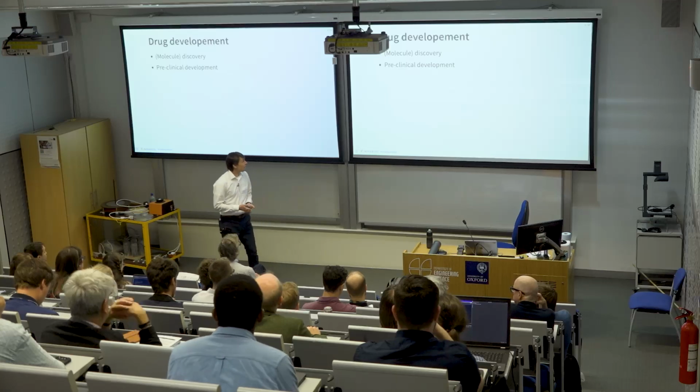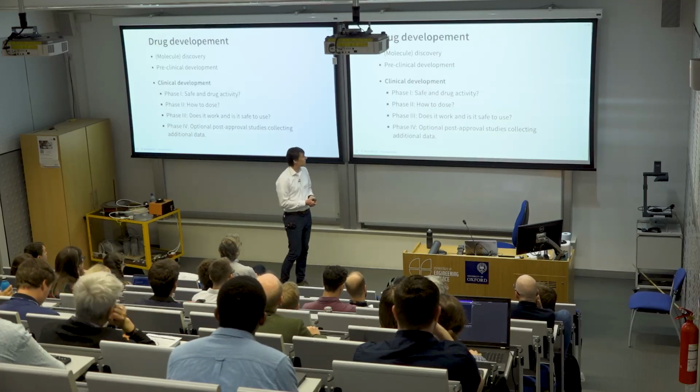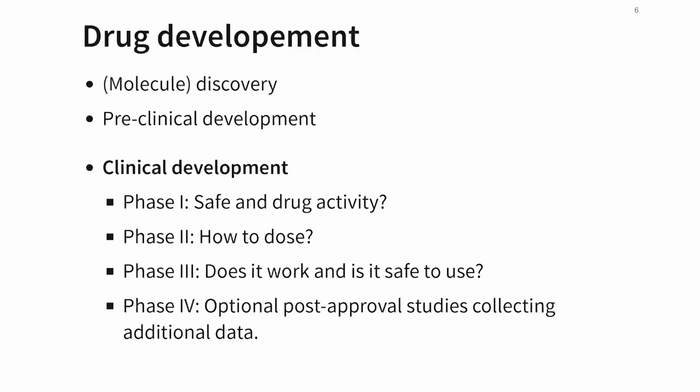And then we enter clinical development, which means treatments are being given to human beings for the first time. Before it's authorized and can be sold, it has to go through the development of typically 3 phases, phase 1, 2, and 3.